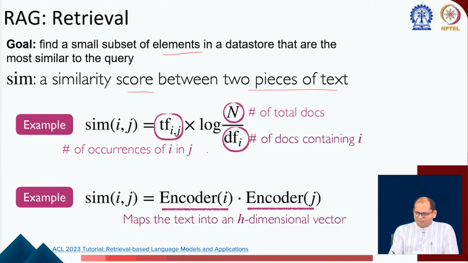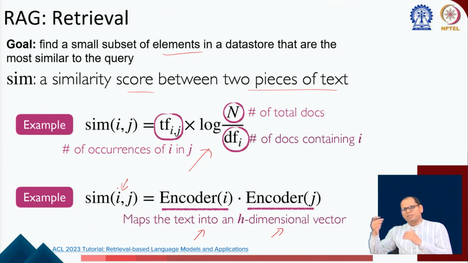So this is one particular idea. You can use TF-IDF, or you can use something that uses the encoder. So you can put query and documents both through encoders, and based on the similarity of these encodings, you can give the similarity of a particular text passage or chunk with the query, right?